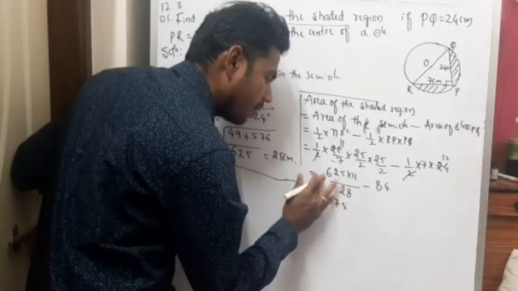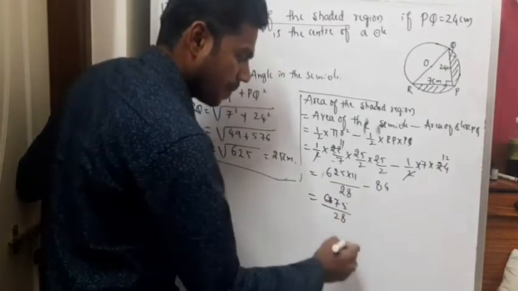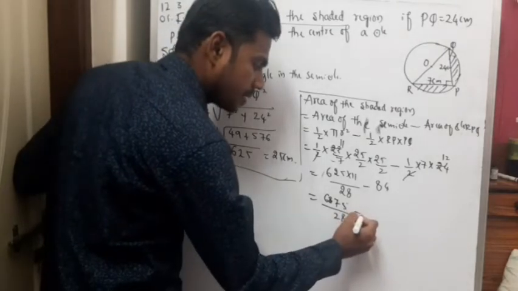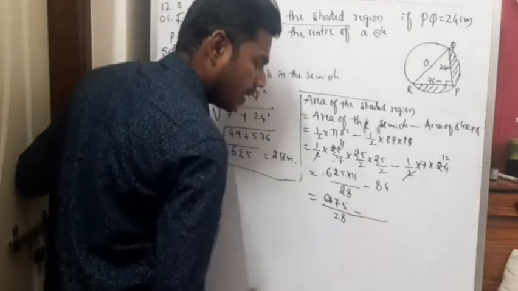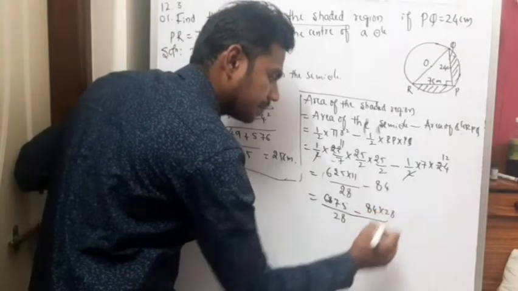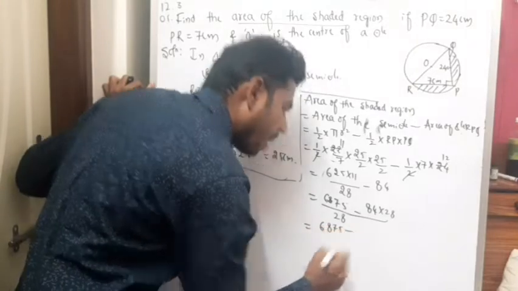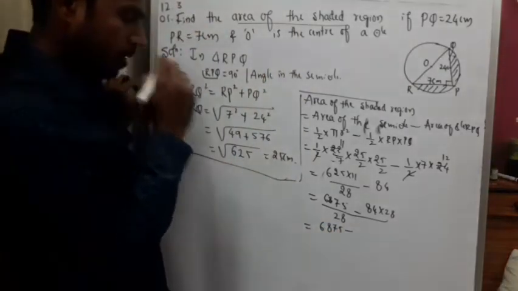So 6875 divided by 28, minus 84 into 28, taking 28 as the LCM. So 6875 minus 84 into 28.